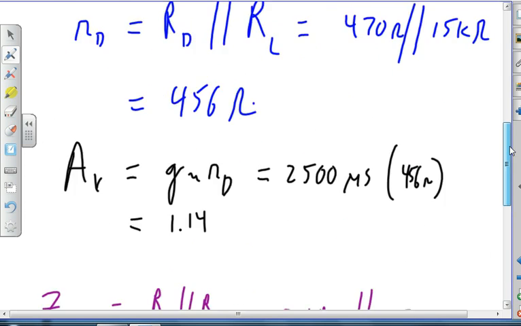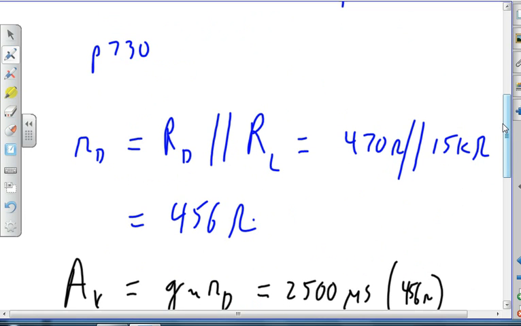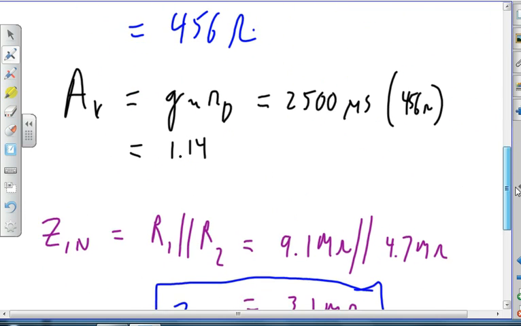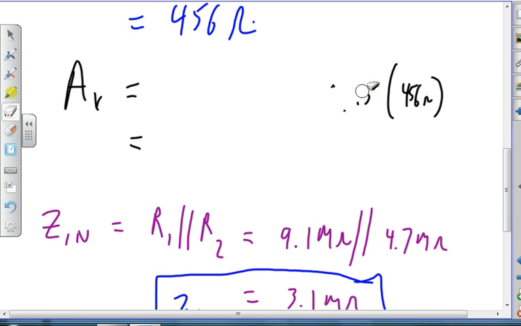But now we have to go back up to A, because I was supposed to use RS divided by RS plus 1 over gm for my voltage gain, and I didn't. No!